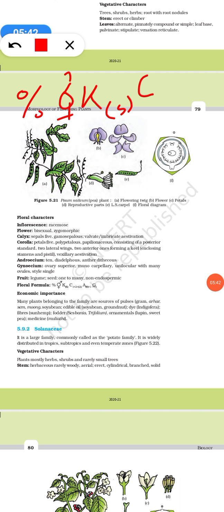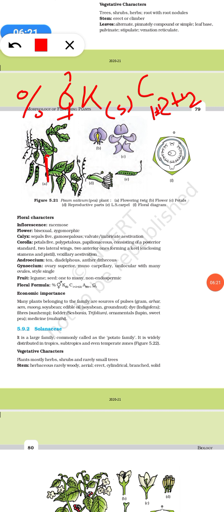So they are papillonaceous, consisting of 1 standard, 2 lateral and 2 anterior ones. Sorry, it is 1 plus 2 plus 2. So corolla is 1 plus 2 plus 2.